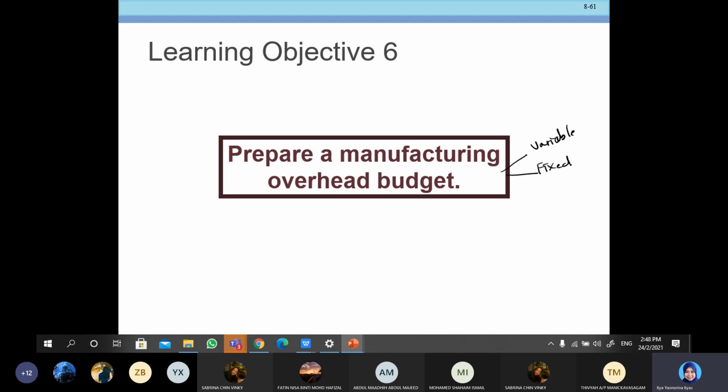For this kind of budget, we need to identify how much manufacturing overhead will be spent in that month or that quarter. So we need to identify the overhead within variable and fixed. We add these two, then we get our total manufacturing overhead budget.